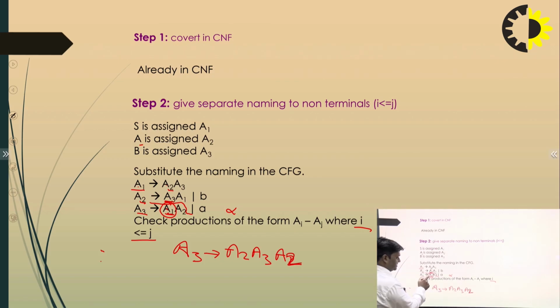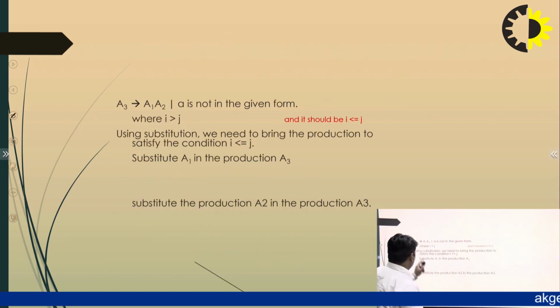We replace this A1 with this, we get A2 A3 A2, and substituting in A3, we get A2 A3 A2 A.